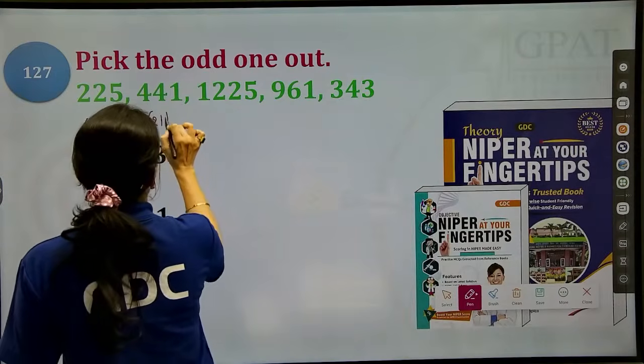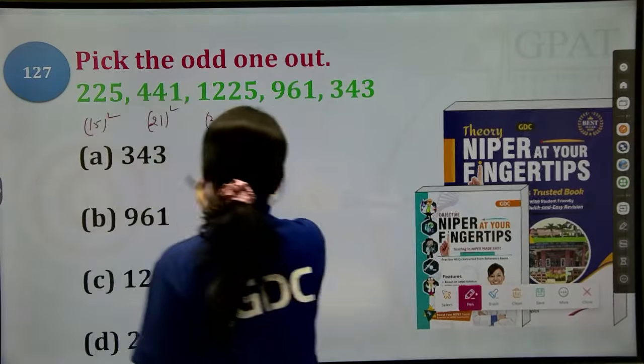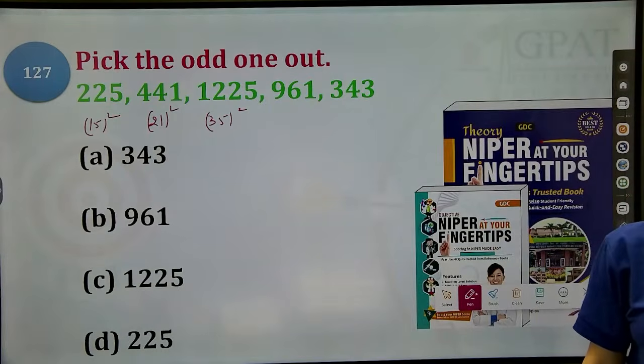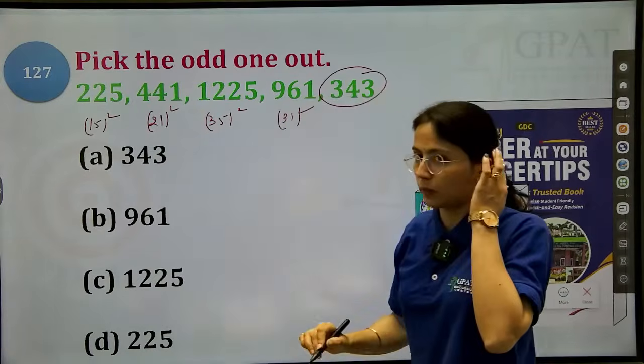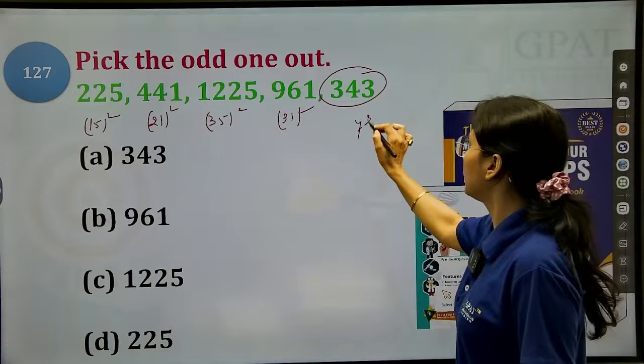And 961 is the square of what, that is 31. And 343 is not a square, it's a cube of what, that is 7 cube.